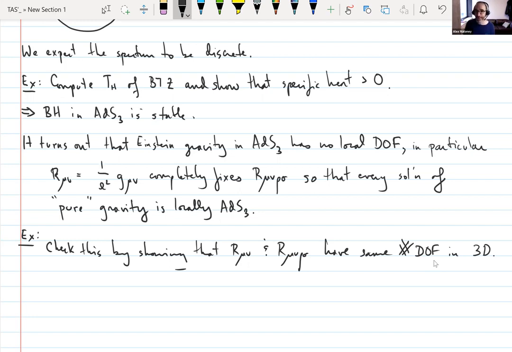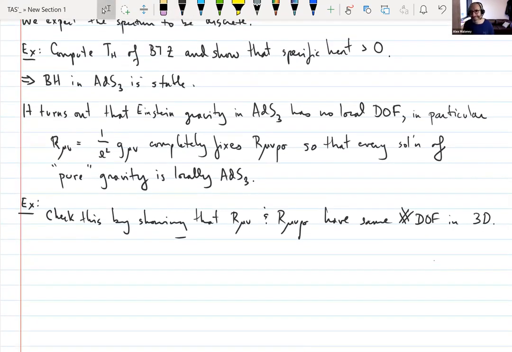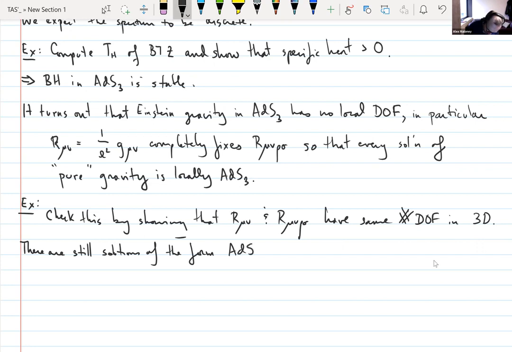So you might think that 3-dimensional gravity, 3-dimensional general relativity is a completely trivial theory. But we just found a black hole solution of the theory. So what the hell is going on? Okay. So it turns out that there are still non-trivial solutions of the form AdS3 mod gamma, where when I mod by gamma, what am I doing?